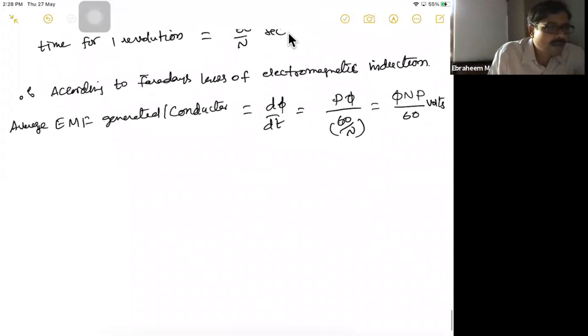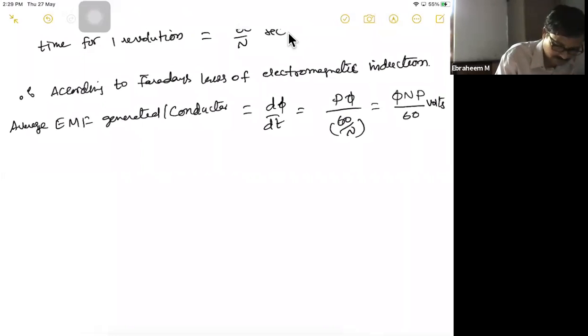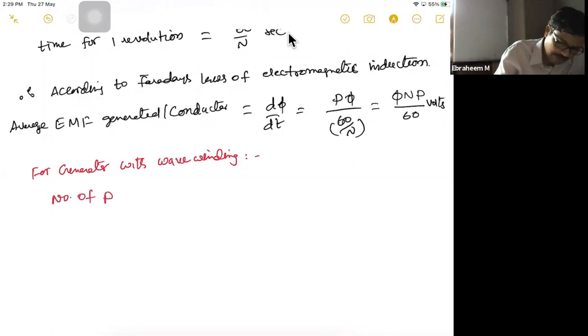So for a generator with a wave winding, the number of parallel paths is equal to how many? A equals 2.